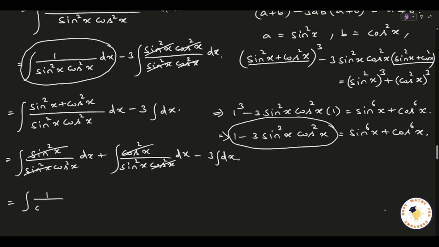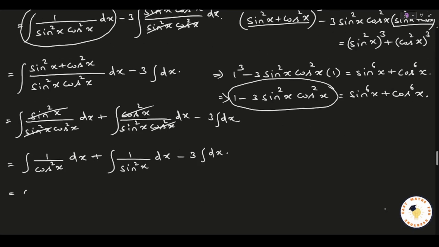We get integral 1 by cos square x dx plus integral 1 by sin square x dx minus 3 integral dx. 1 by cos square is secant square x. So integral secant square x plus 1 by sin square is cosecant square x dx minus 3 integral dx.